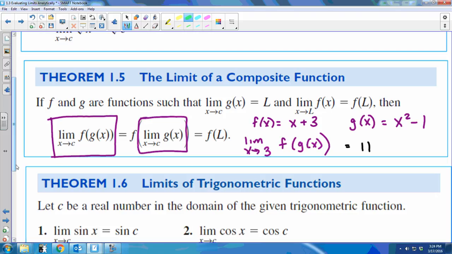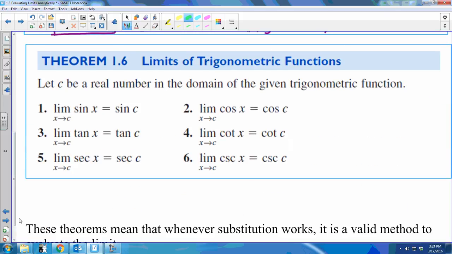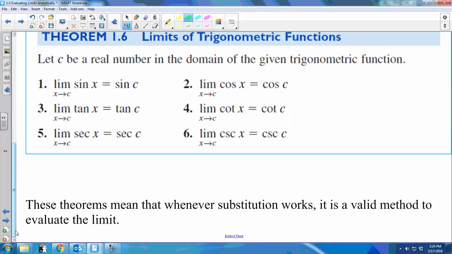That's all you have to do. And we'll practice that. And with the trig values, if you can directly substitute, you should. And it works out because most of those graphs are continuous, right? Tangent and cotangent and secant and cosecant have asymptotes, but if you can get an actual function value, then you're not hitting an asymptote, so you can actually just directly substitute.